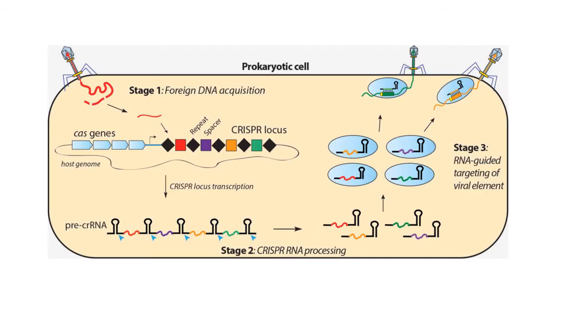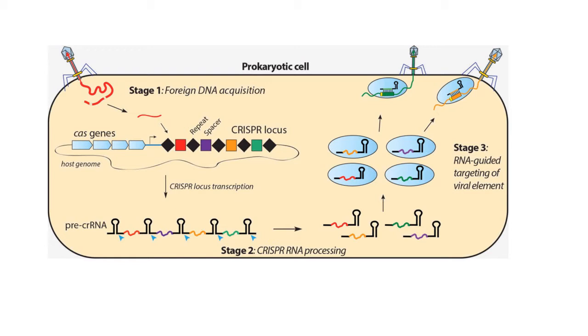Here's a diagram from her website representing a prokaryotic cell which is about to be infected, or an attempted infection by a bacteriophage. What's represented here is the CRISPR locus itself, and it consists of some standard important parts.